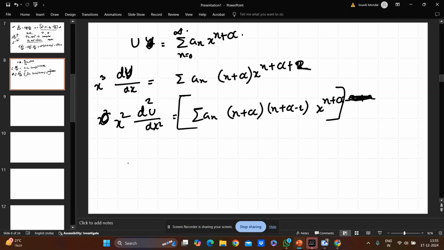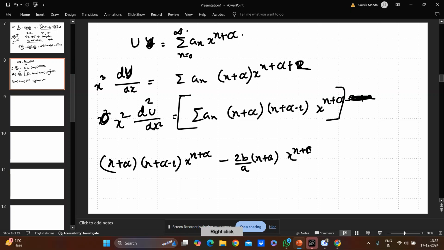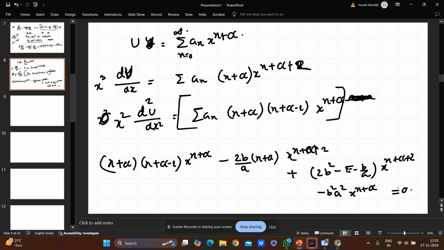Now write all these things together. So your n plus alpha into n plus alpha minus 1 into x to the power n plus alpha, minus 2b by a x cube into n plus alpha into x to the power n plus alpha minus 2, plus 2b square minus e minus b by a into x to the power n plus alpha plus 2, minus b square a square into x to the power n plus alpha is equal to 0, and all these things have a n with them.